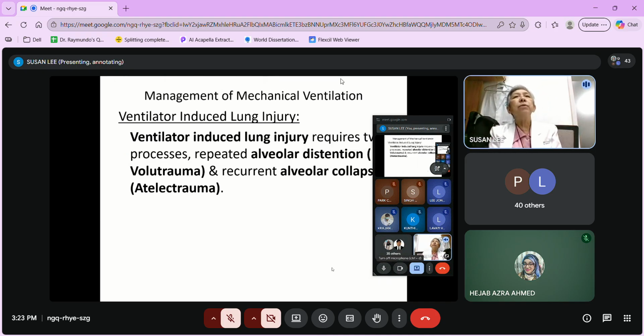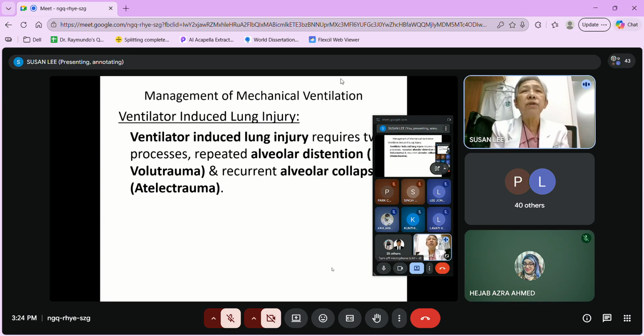Okay, so when we mechanically ventilate the patients at the start of the illness, we see a lot of patients with ventilator induced lung injury. And this induced lung injury is usually because of the overdistension of the alveoli repeatedly, what we call volutrauma, and repeated recurrence of alveolar collapse, which we term atelectrauma.